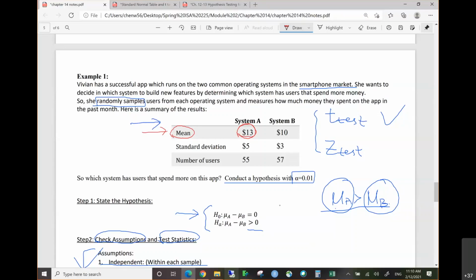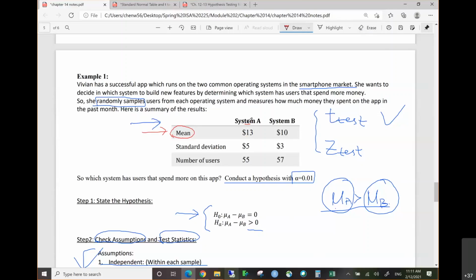Then what is the notation for this sample mean? H0. I don't know. Okay, that's fine. No problem. Cole, what do you think? Cole? Yeah, to be honest, I have no clue as well.